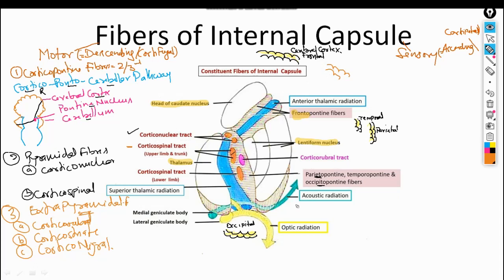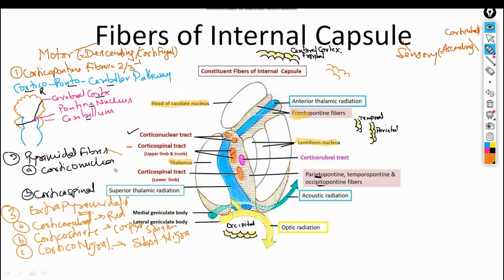In the gray matter, the corticorubral will relay to the red nucleus, the corticostriate will relay in the corpus striatum, and the corticonigral will relay in the substantia nigra.